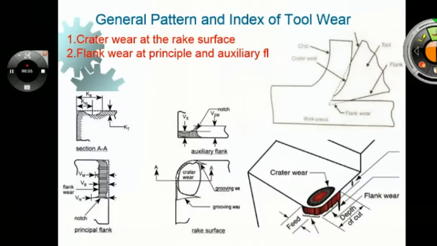So you can see here in the figure, let me give one second. Here you can see that this is the rake surface, and this is the crater formed due to the abrasion action of particles detached from the chip, and this makes the crater like this. If we see this crater from the top surface, then you can see the figure like this.